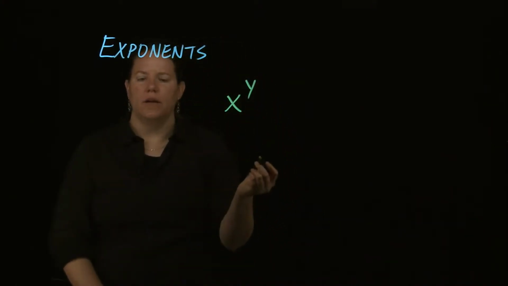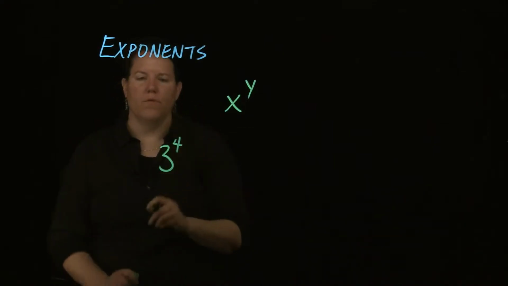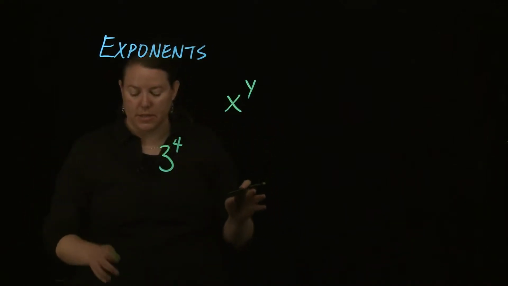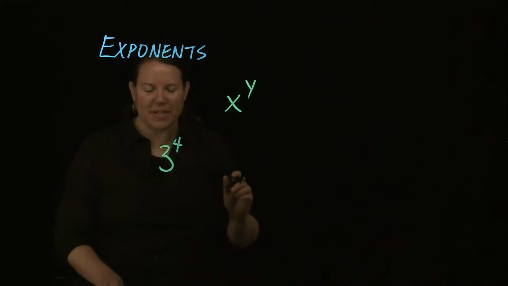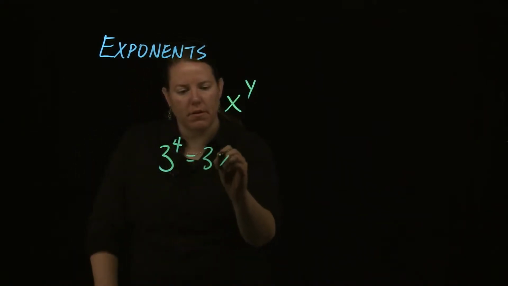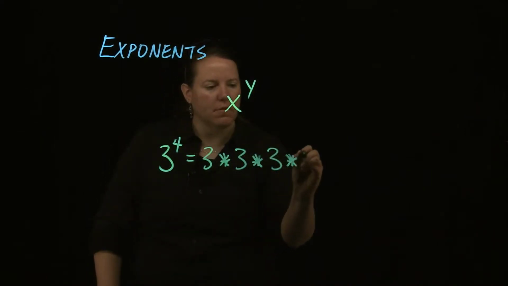If I had 3 to the 4th power, we know from basic math that what this means is you are going to multiply this number by itself 4 times.